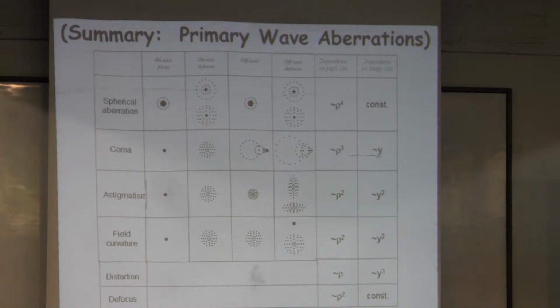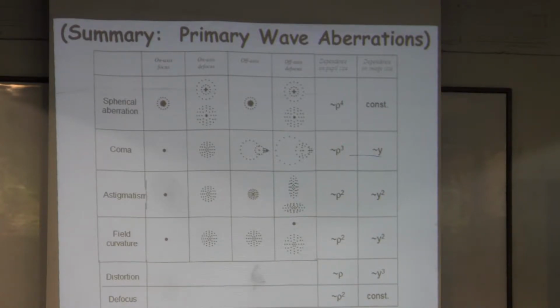And when you do an optical design, you have to optimize all the curvatures, all the materials of the lenses to make all these blobs as small as possible. And the problem is there are some scaling laws, so this is not always possible. Like here, for example, coma depends on the third order of the pupil size.